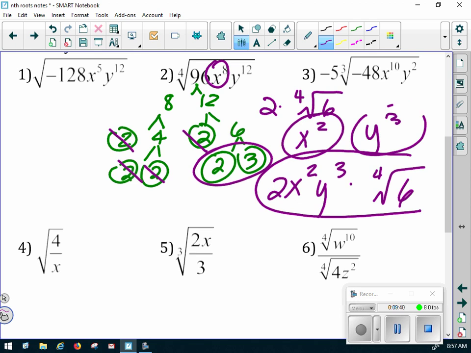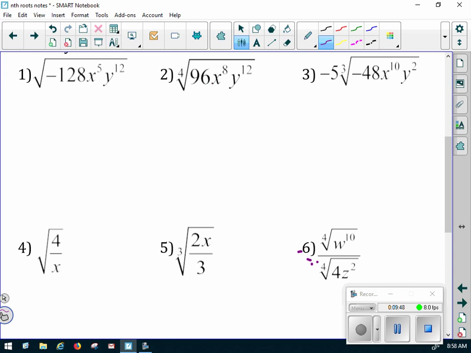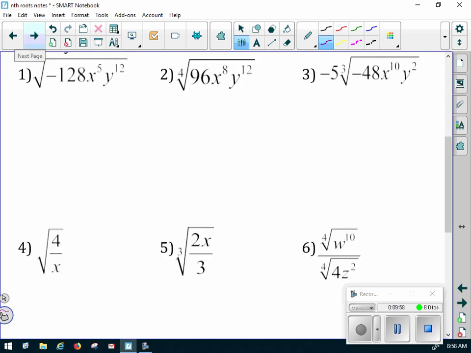So let's go down to number 5. Now, Megan asked, how many problems are we supposed to do on this page? And I think I had told you on Friday, 12. Let's see how many problems are on here.